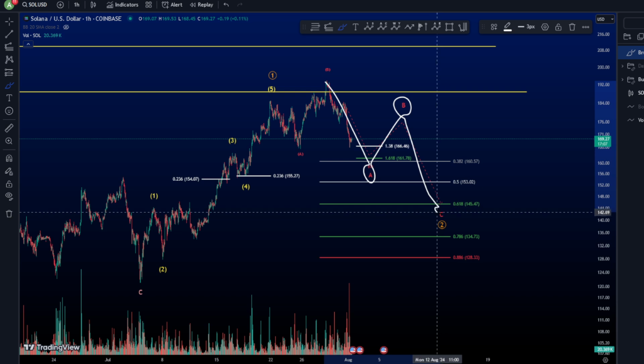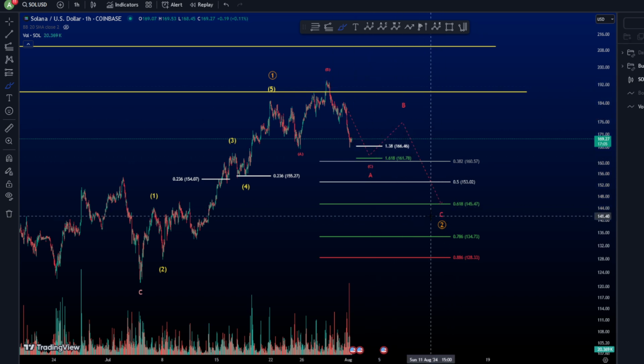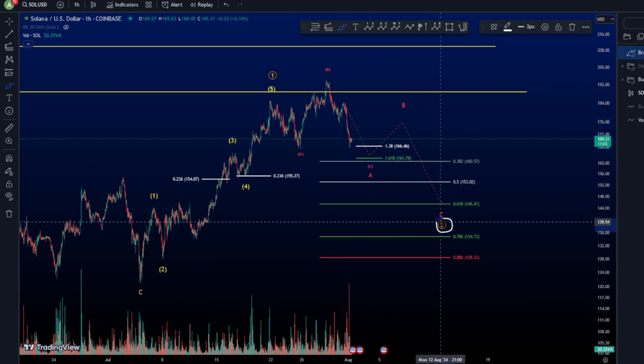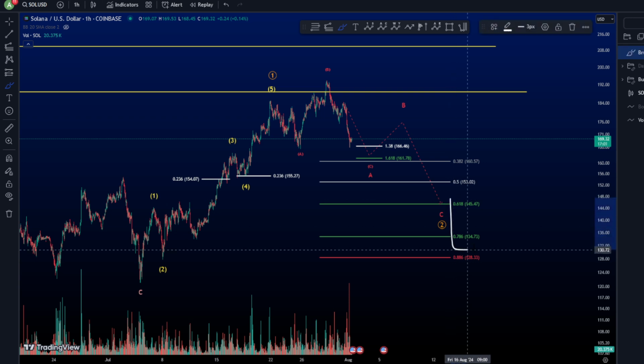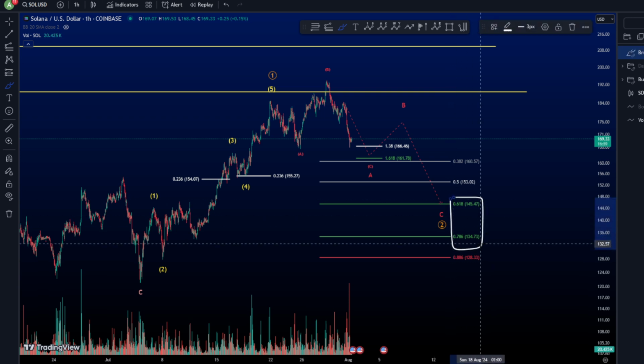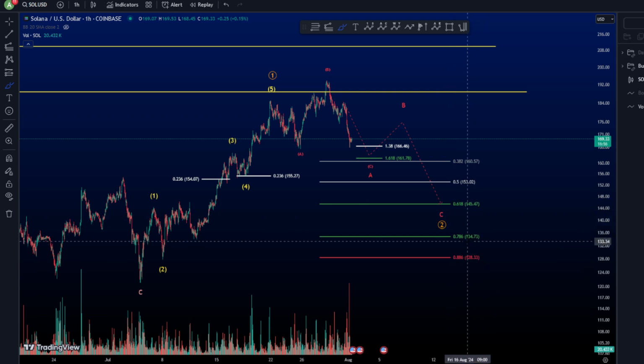And a C in red, which are 3 wave corrective for a wave 2, bringing us to the common target of wave 2 between the 0.618 and the 0.78 fib levels, which are between $145 and $134 for Solana.